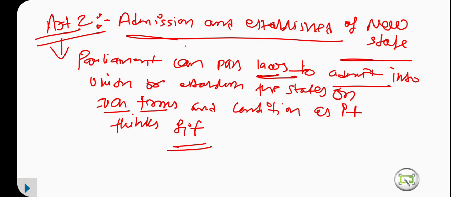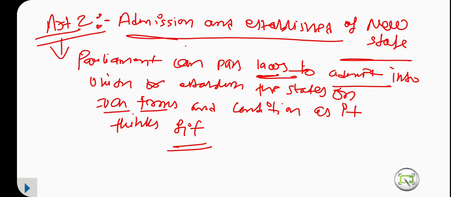What does Article 2 talk about? Article 2 says that Parliament has the power to pass the laws to admit into the union or establish the new states on such terms and conditions as it thinks fit.